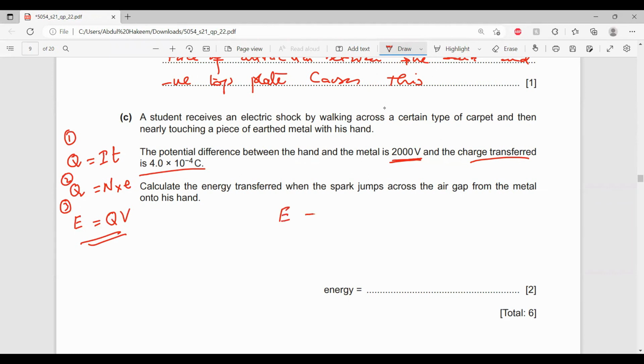Energy is equal to charge multiplied by voltage. The charge is 4 × 10^-4 and the voltage is 2000. So when multiplied, the answer is 0.8. But we will write here 0.80 joules of energy.